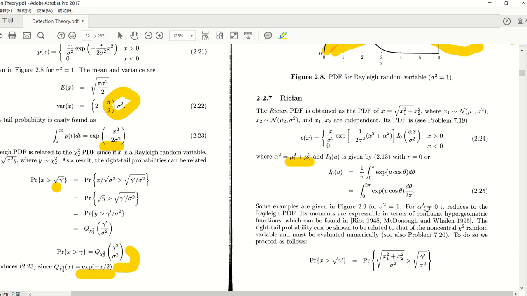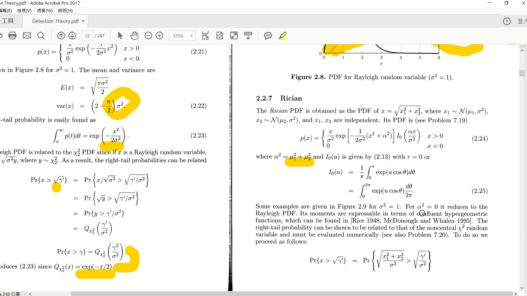Then for alpha square equal to 0, it reduces to the Rayleigh. Is it true? Let's take a look. If alpha square is equal to 0, then you don't have any choices because mu1 is 0 and mu2 is 0. That's the only solution for alpha equal to 0.